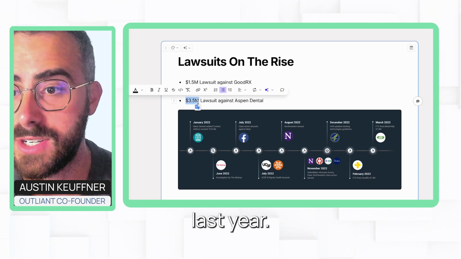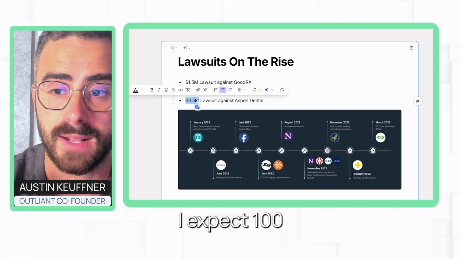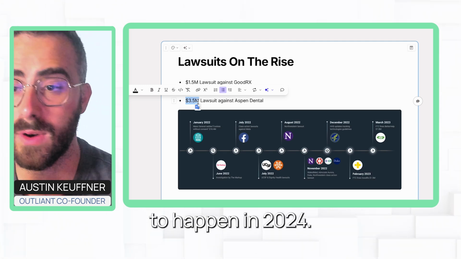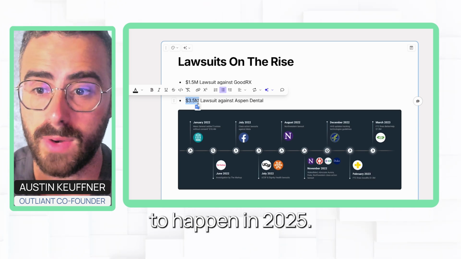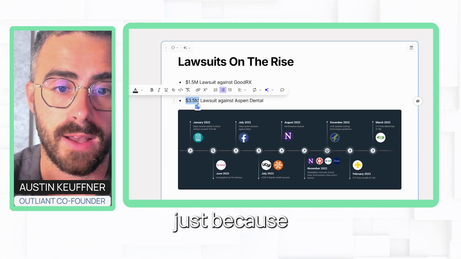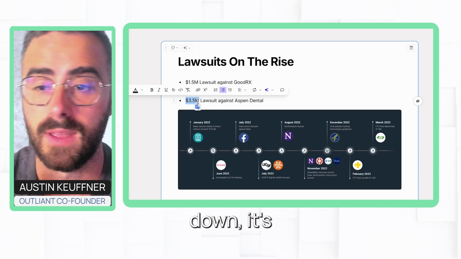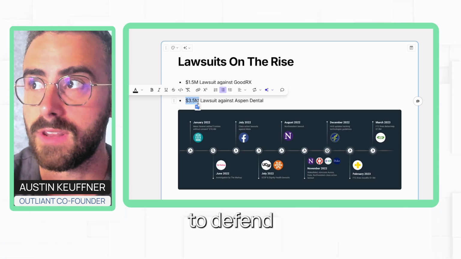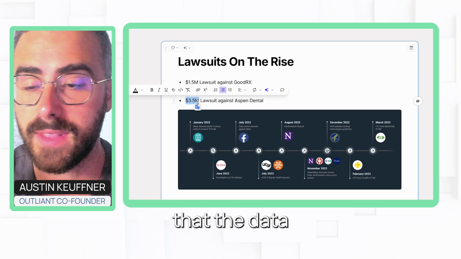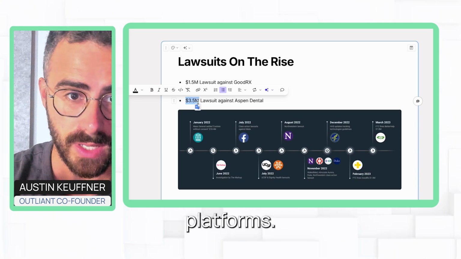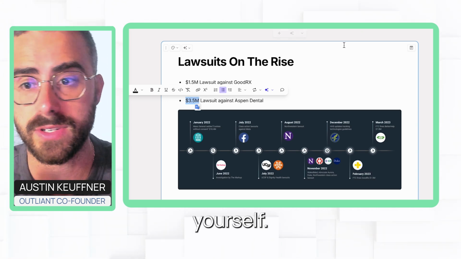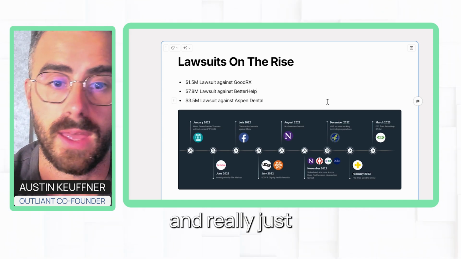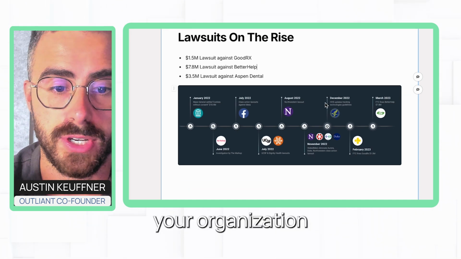This is just last year, and these numbers are going up. I expect 100+ lawsuits to happen in 2024, and more than that to happen in 2025, simply because the government is cracking down. It's getting harder to defend the claims of you didn't know. It's getting harder to defend claims of marketers didn't know that the data was going into these platforms. So it's really important to go ahead and protect yourself. Otherwise, you run the risk of bankrupting your company and really just putting your organization in jeopardy.